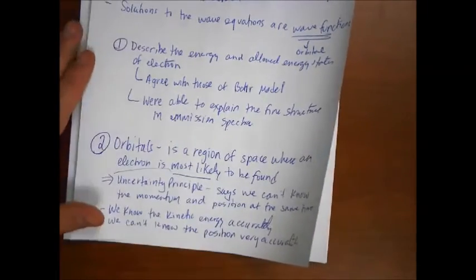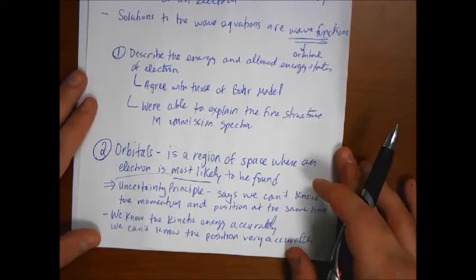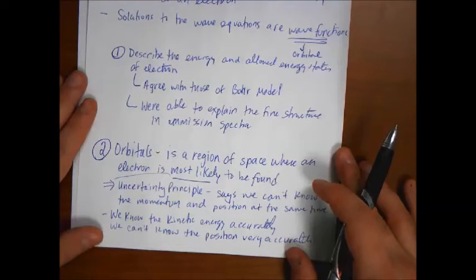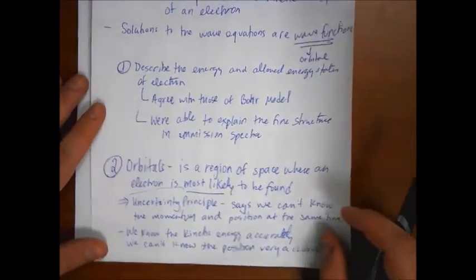So the best that we can do is calculate a rough estimate for where the electron is going to be, and we can say that it's most probably inside of this region of space.